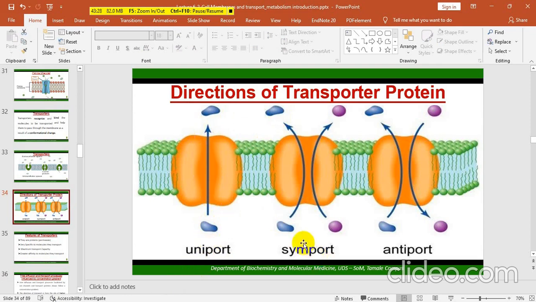But if there are two different molecules, like sodium and magnesium, passing through the same protein transporter in the same direction, we say it is a symport transport. If they are antiparallel, or in different directions, we say antiport.